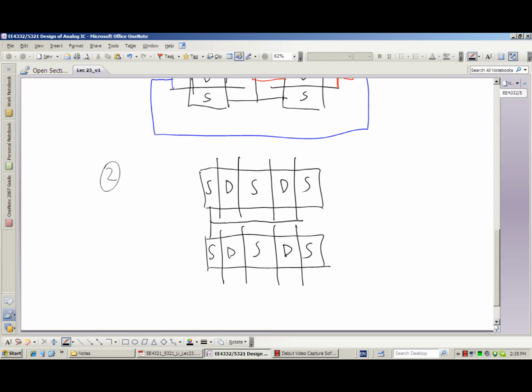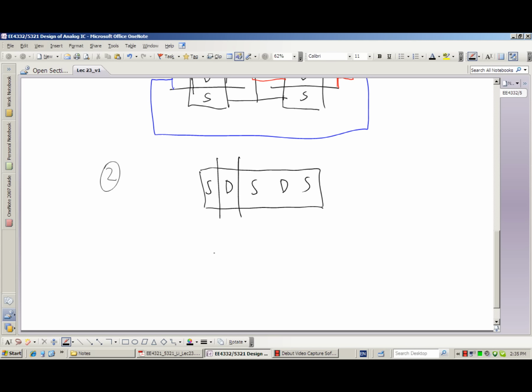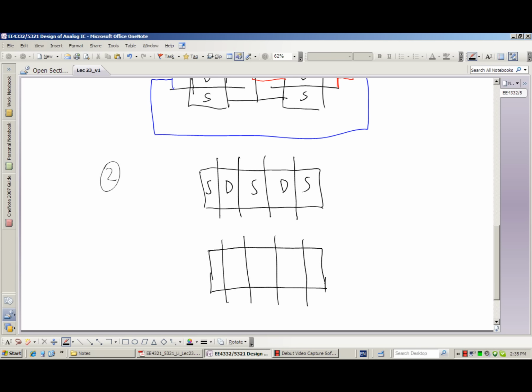For the source, we connect them together. It's too close. Let me redo this. Connect the sources together.